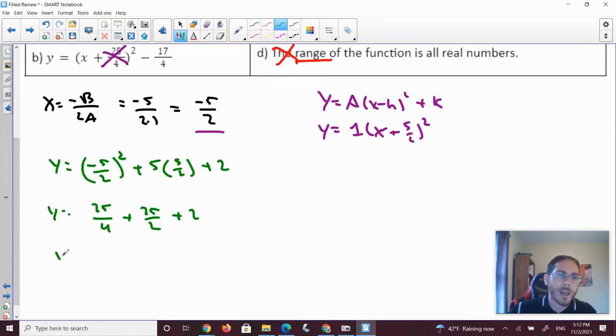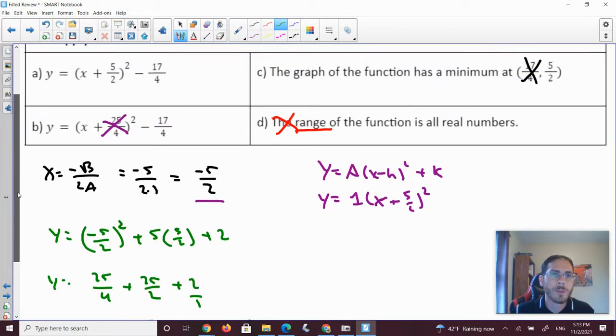We got to get a common denominator, so 25 over 4. 2 times 2 is 4, so that's going to be 50 over 4. Then we got to do over 4, so multiply by 4, so it'll be 8. So let's see what we got. 25, 75, we got 83 over 4.